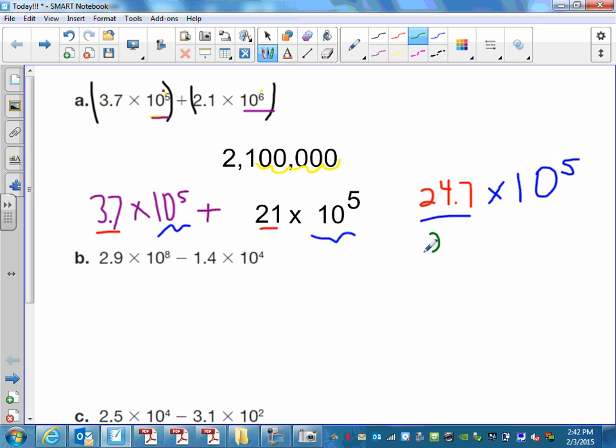To have the proper mantissa, I would have to have 2.47. Well, if I move that one place over, that means I have to add 1 to the 5. So my answer will be 2.47 times 10 to the 6.